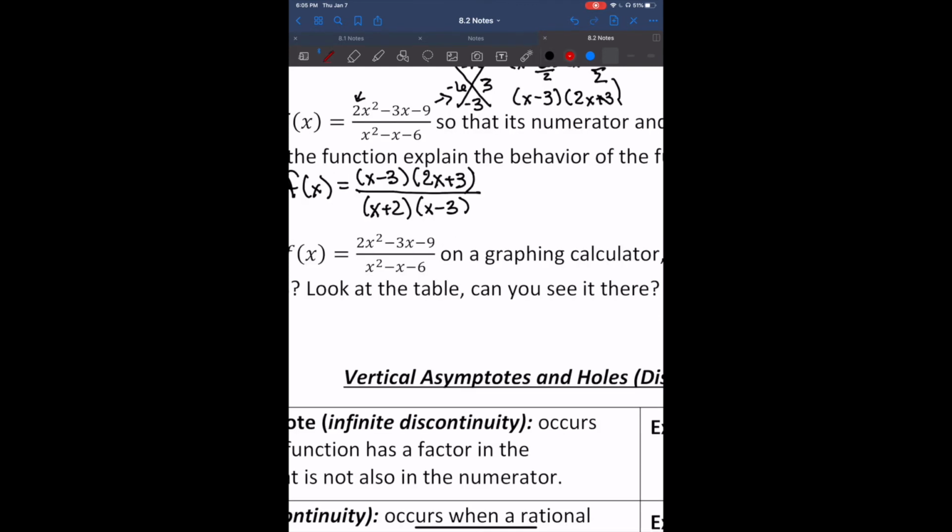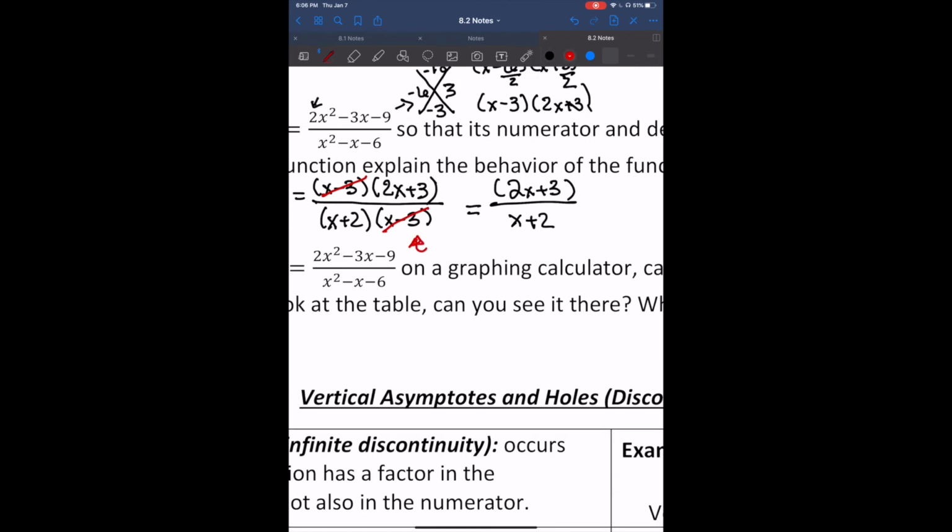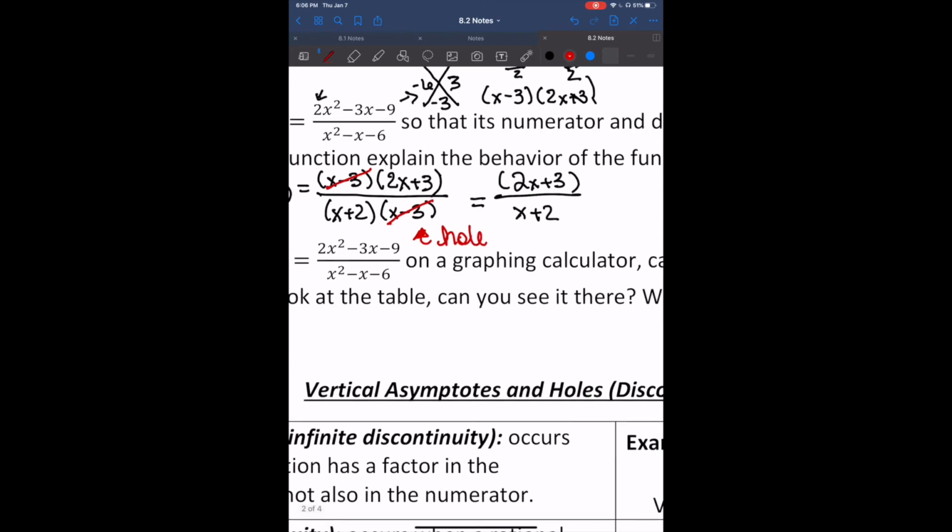If you guys remember back to module 9, anytime we had common factors in the numerator and denominator, they would cancel each other out, which simplifies into a function of (2x + 3) / (x + 2). So our factor x minus 3 is where the hole is located in our graph.